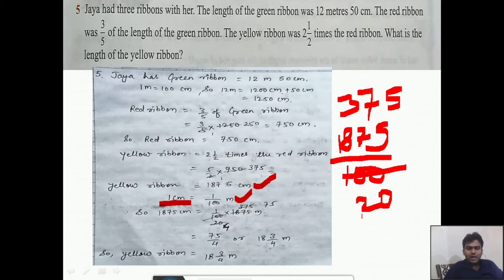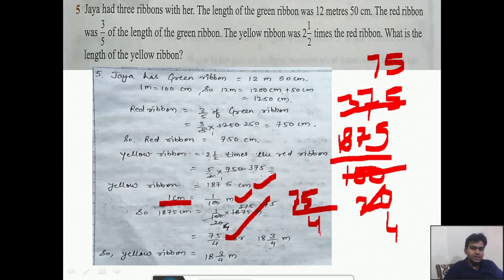Now again we can cut this 20 by 5. 5 fours are 20, and cutting 375 by 5 we get 75, so finally we get 75 upon 4. We can easily change 75 upon 4 into a mixed fraction, as we already solved so many questions on how to change an improper fraction into a mixed fraction.